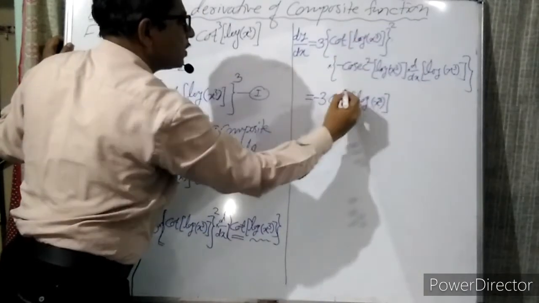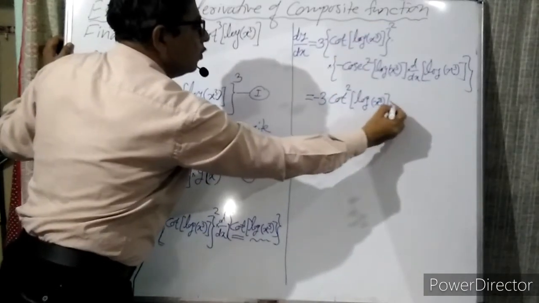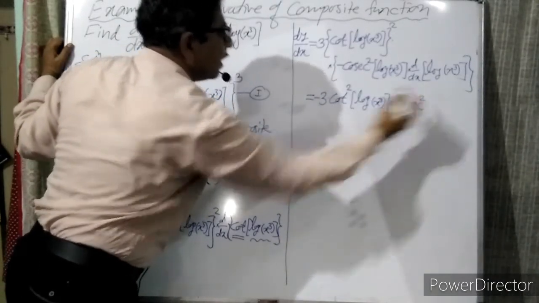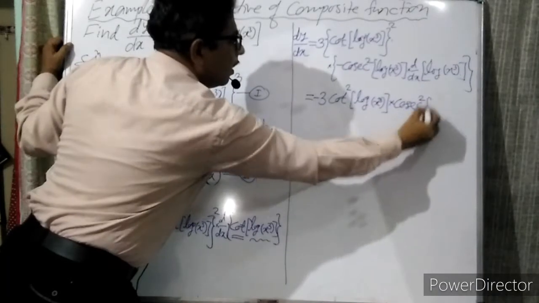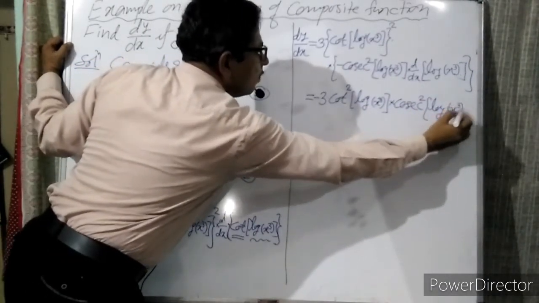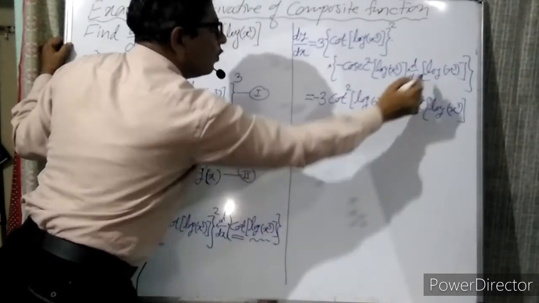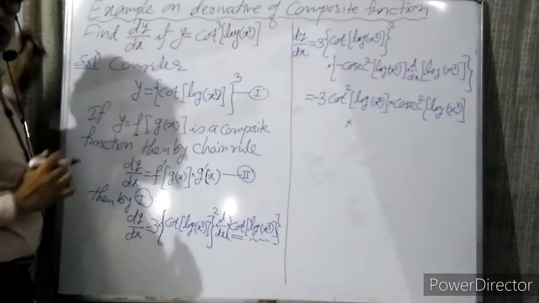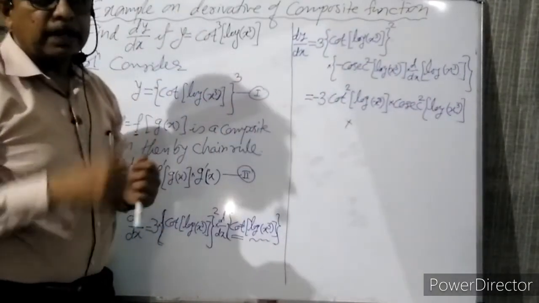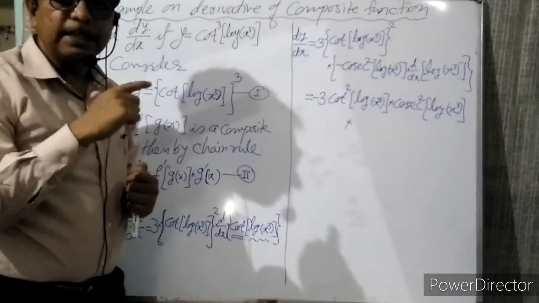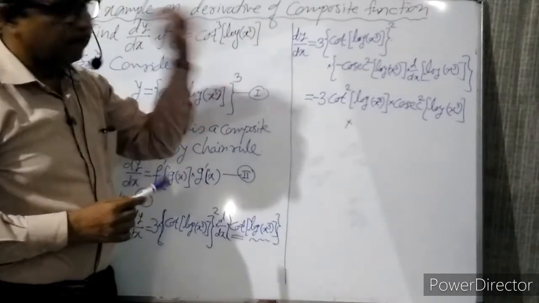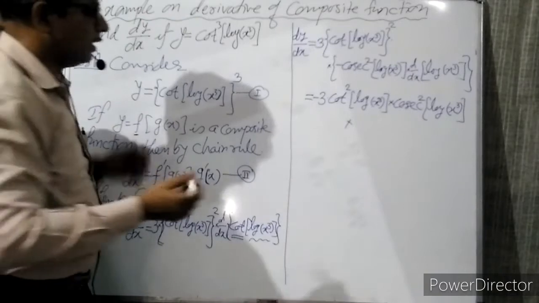I may write the bracket square as cot square here, into cosec square of log of x cube, into, go for the derivative of this. Here you have two options. Either use the property of logarithm, log of x cube can be written as 3 into log x. This is the one way, or second way, differentiate it as it is.